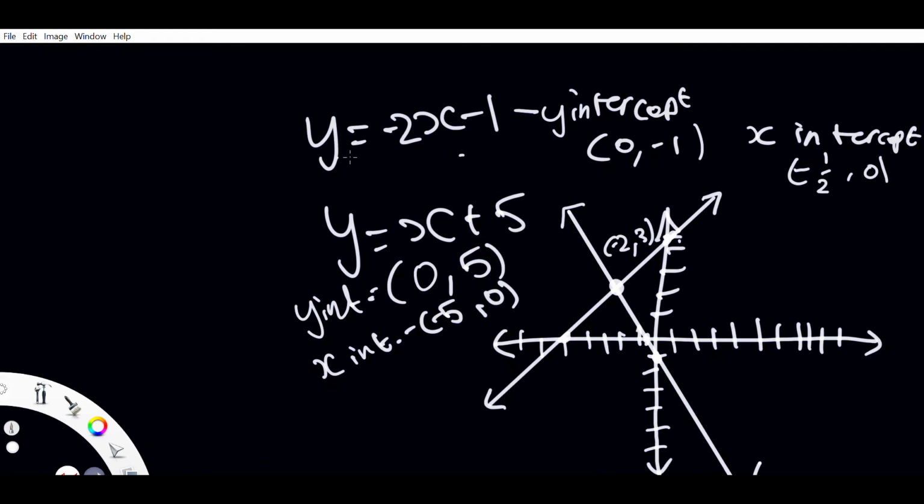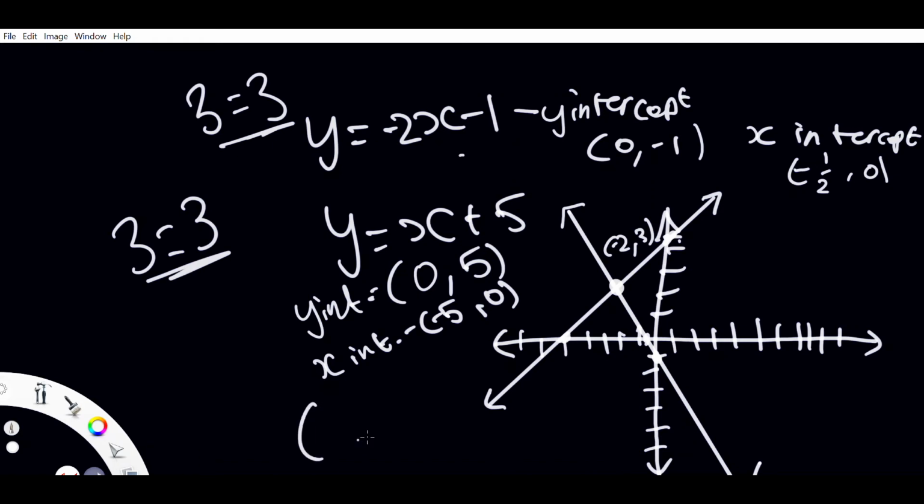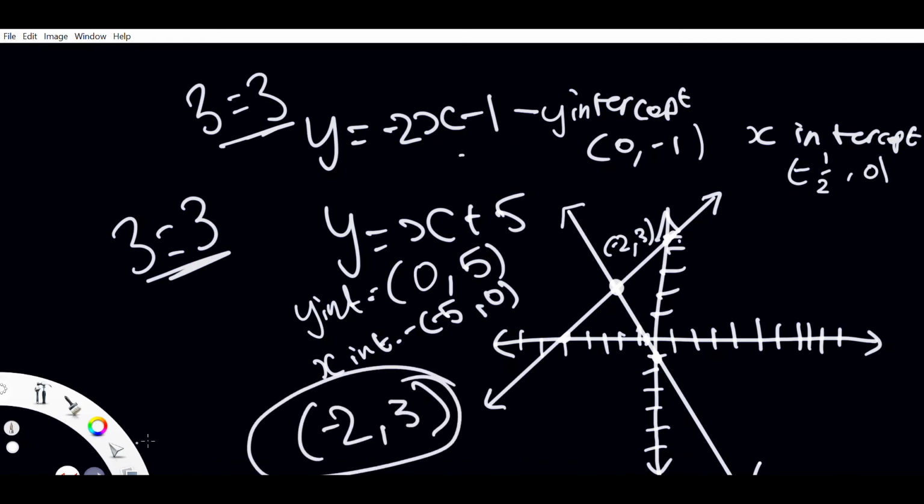So if y is equal to 3, it would be 4 minus 1, which is also 3. And similarly here we can get 3 is equal to -2 plus 5, which is also 3. So now that we see that these work, we can say that the solution to this system of linear equations is negative 2, 3.